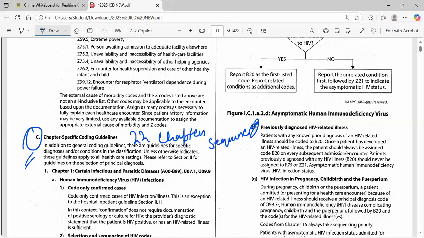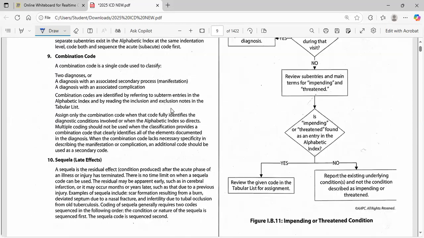So all our chapters are divided based on the type of condition as well as body system. So our codes are divided based on the type of condition as well as body system. I'm going to pull up the table of contents.